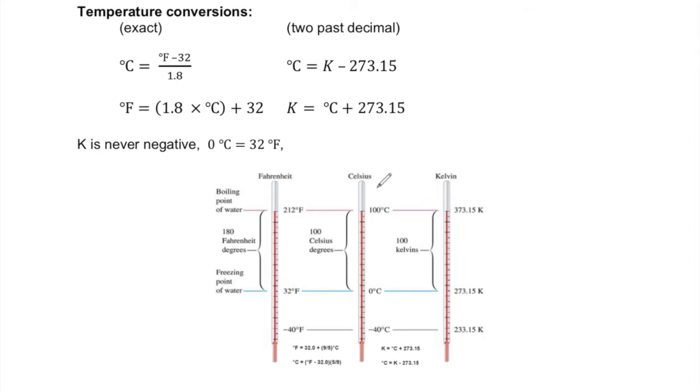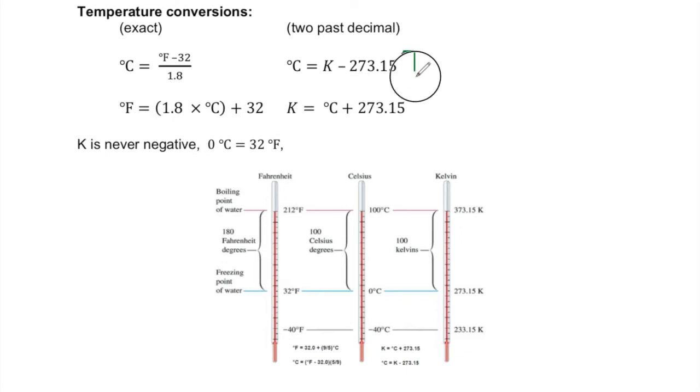So going from 0 to 100, 100 Celsius is the same space as moving up 100 Kelvin from 273.15 to 373.15. So the size of the degree Celsius and the Kelvin are the same. They are just offset. They're offset by 273.15.